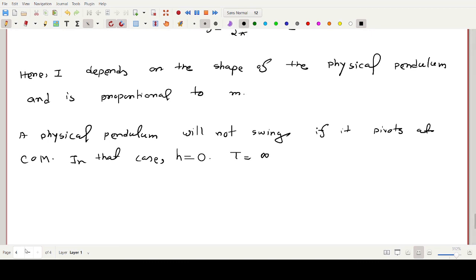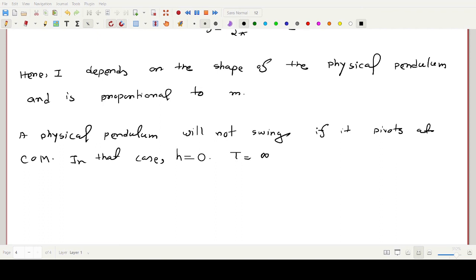Sir, one question. In this example, the physical pendulum is actually hanging from a ceiling. Would it be possible if, let's say, it's just a cone-shaped object on the ground, not on the ceiling, and it's wobbling or moving in a periodic motion?